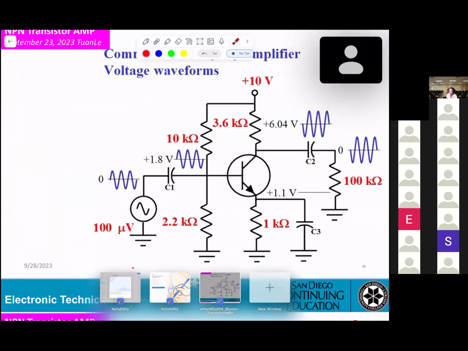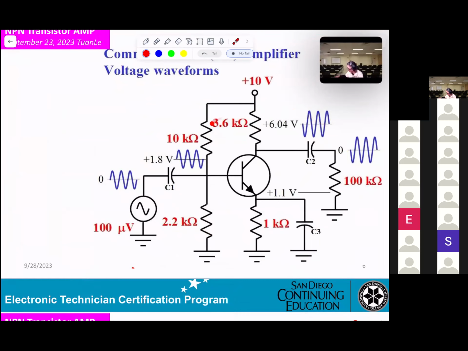So, Professor, you're saying what are those 10 volts getting connected to? Okay, I try to repeat it. I'm converting this circuitry to an AC circuit.